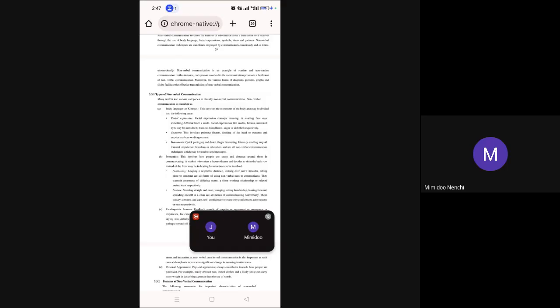When you keep distance, or when you are looking over another person's shoulder while you are together, that is the kind of communication that involves space and distance.